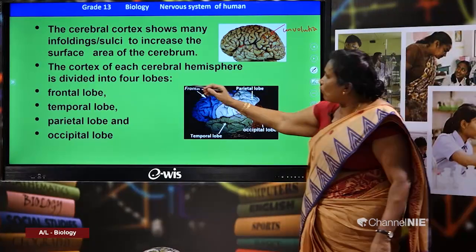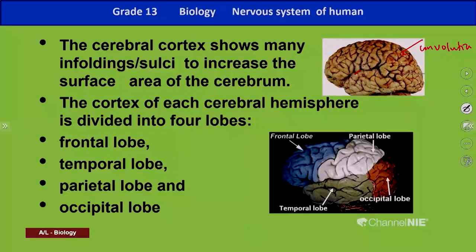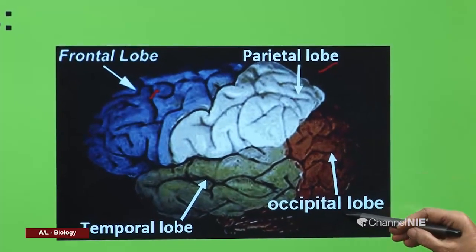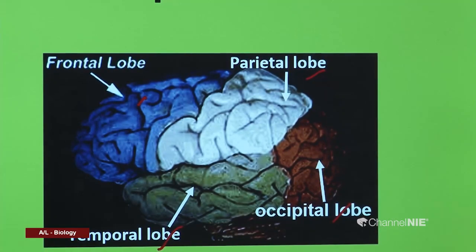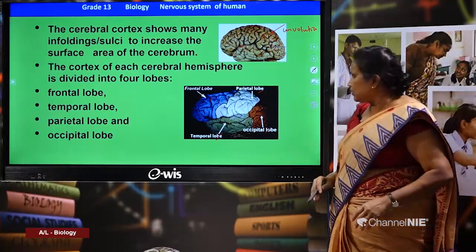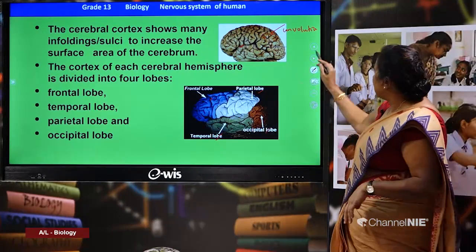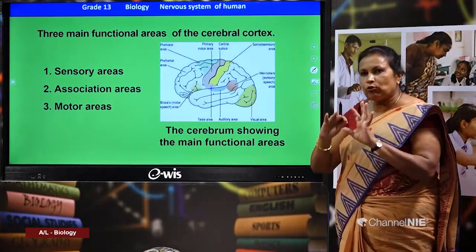The cortex of each cerebral hemisphere is divided into 4 lobes, as you see here: frontal lobe, parietal lobe, occipital lobe, and temporal lobe. Each side has 4 lobes. 2 sides have 8 lobes. Understood? Next one. Then we studied gross structure.